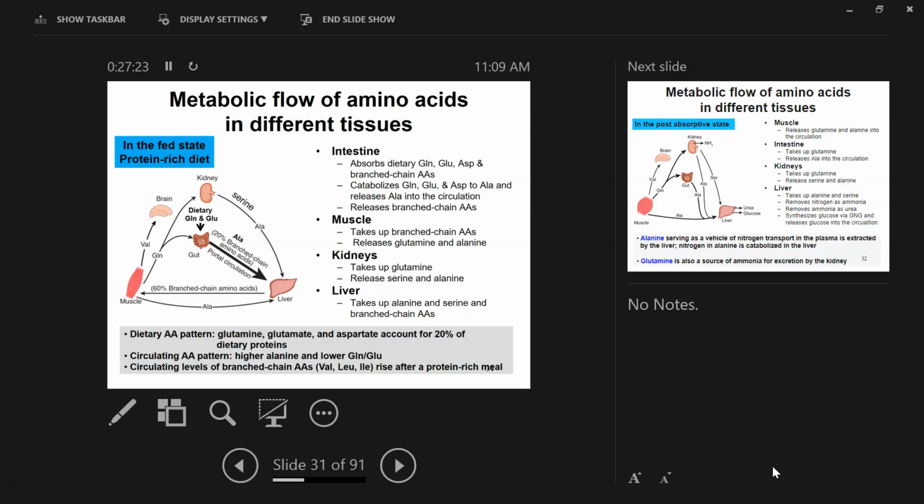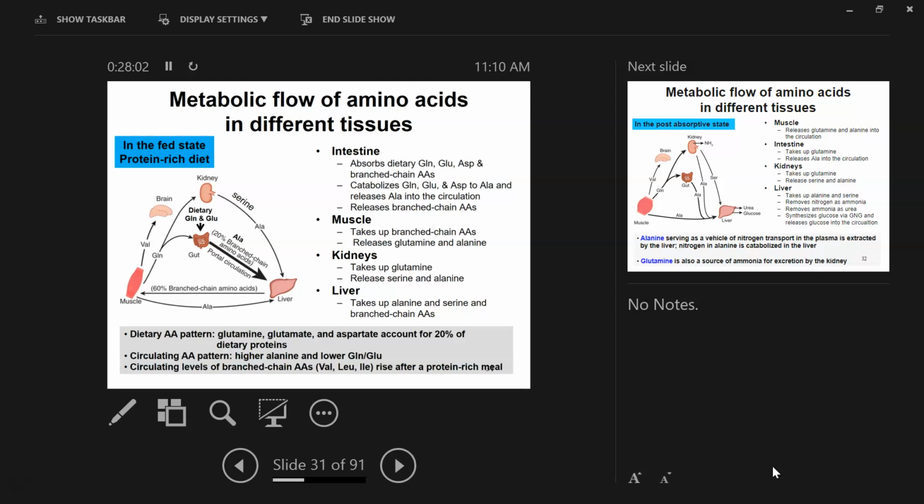Muscle is the main site, right? So 60% of branched chain amino acids will not be metabolized in the liver, but go to the muscle for metabolism. Muscle takes up lots of branched chain amino acids and metabolizes them there, but releases glutamine and alanine, right?